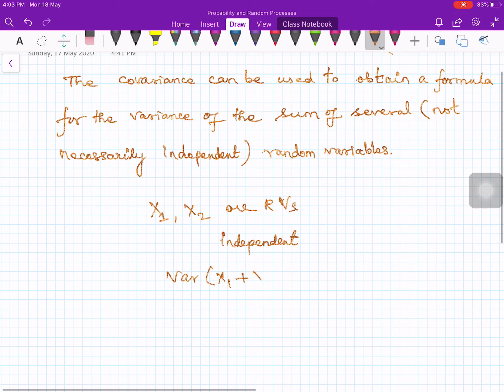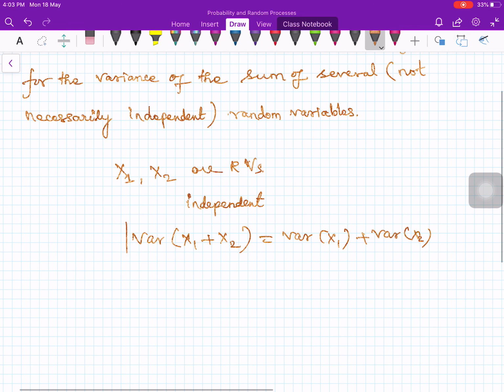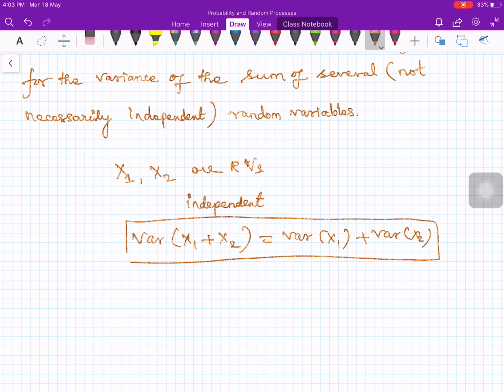Variance of x1 plus x2 is equal to variance of x1 plus variance of x2, and this formula is valid only if x1 and x2 are independent. If they are dependent, then this formula is not valid.